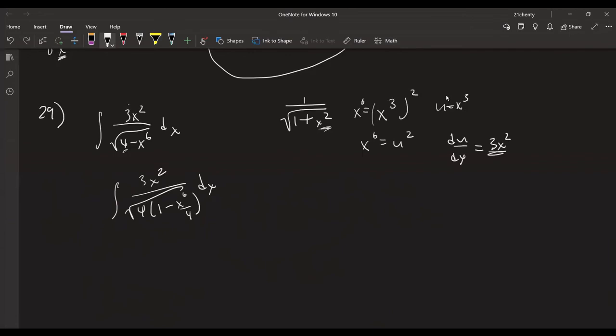And then we can do a u sub of u equals x cubed over 2.